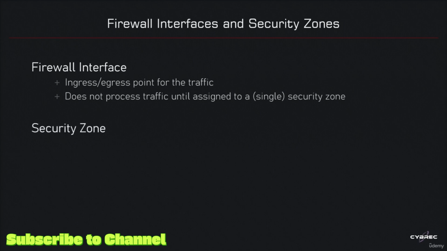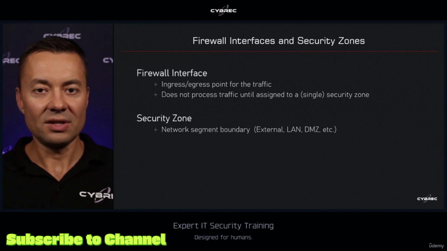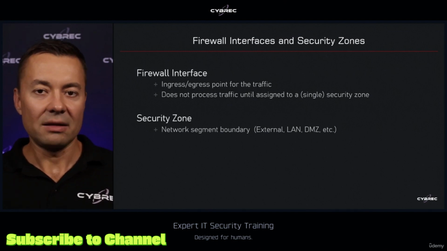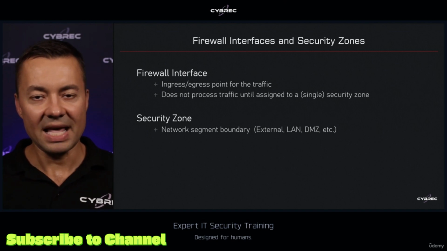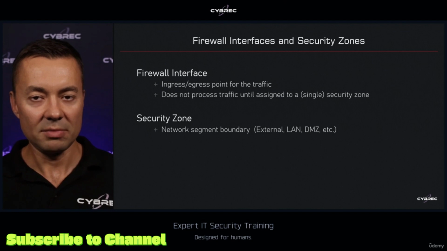Now the question is what a security zone actually is. A security zone is something that makes a logical boundary that the firewall is going to use to eventually control the communication.